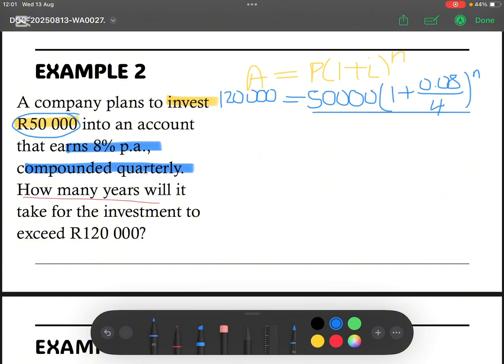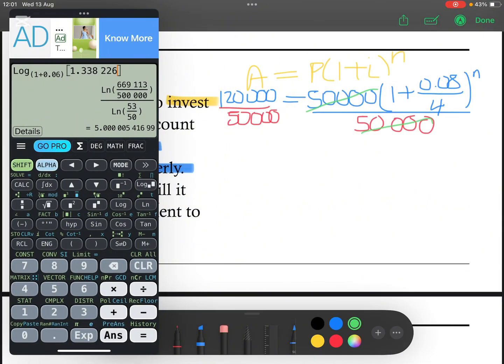Solving for the value of n, the first step, you divide both sides by 50,000. Then we'll work out 120,000 divided by 50,000. Then we're going to get 2.4.